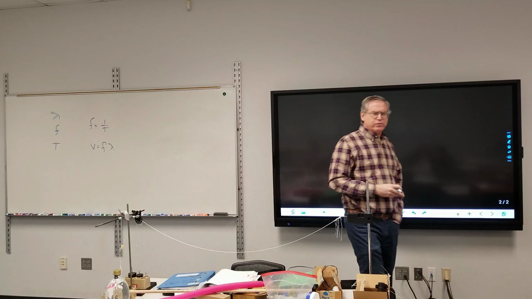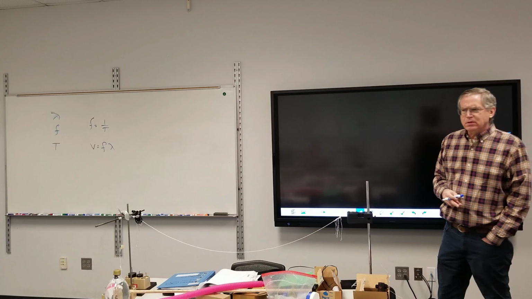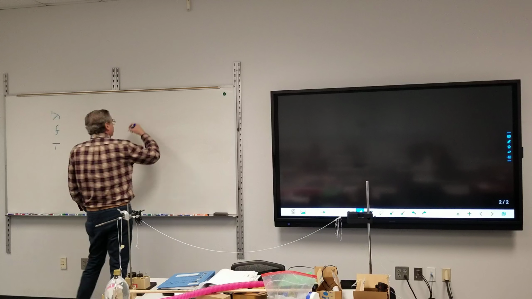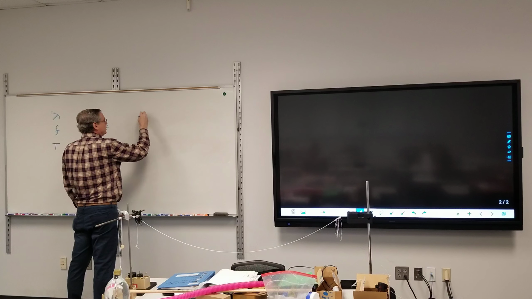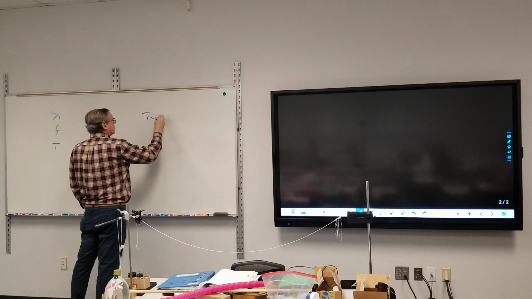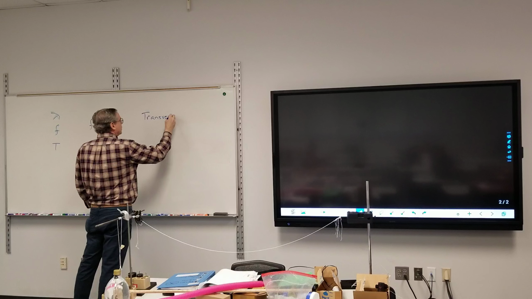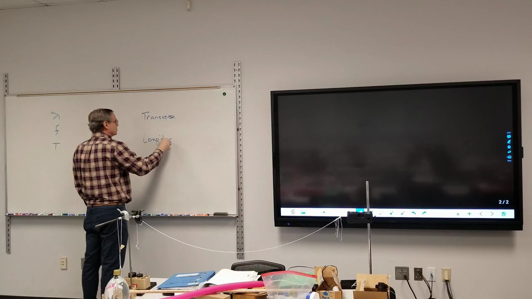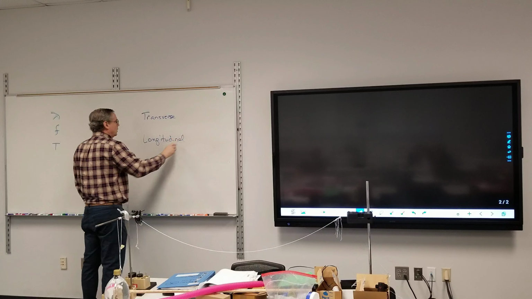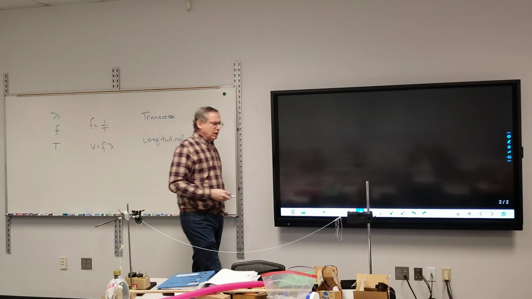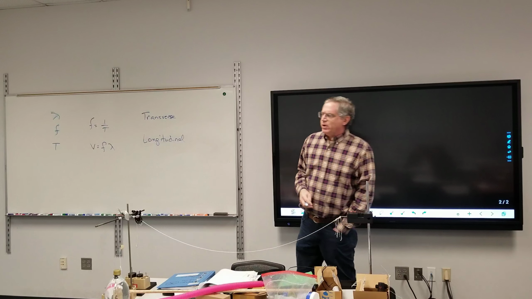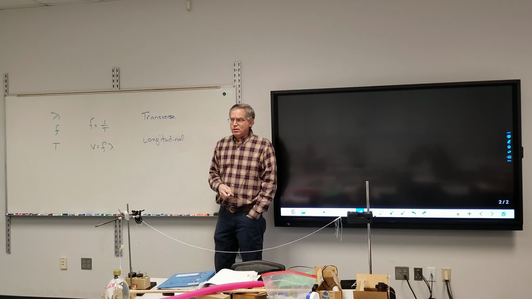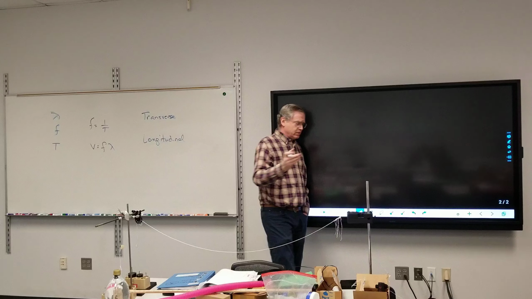Have we done transverse versus longitudinal? No? All right, so let's begin there. There are two basic types of waves, transverse and longitudinal. Some sources will call them two types of mechanical waves, as opposed to electromagnetic waves, which is next semester.